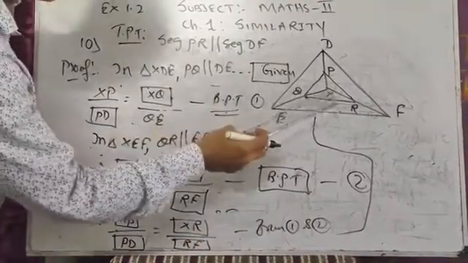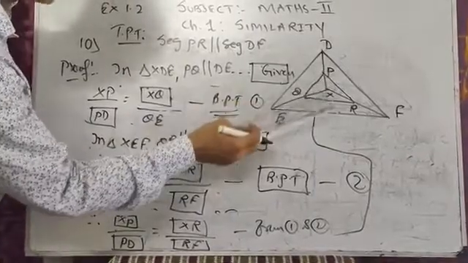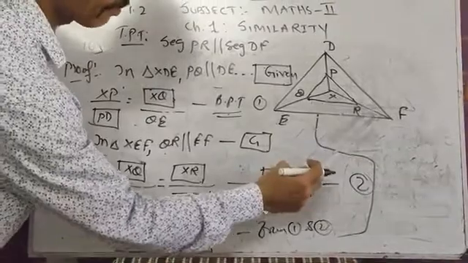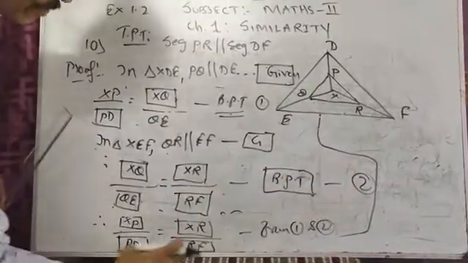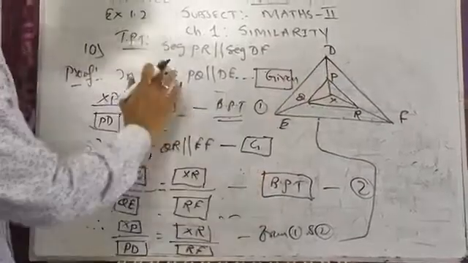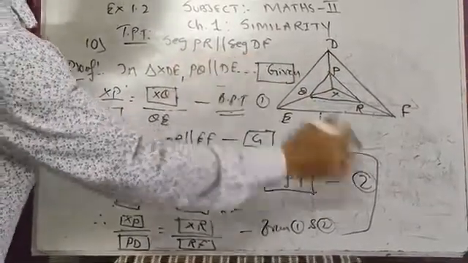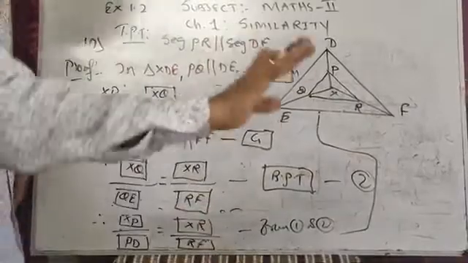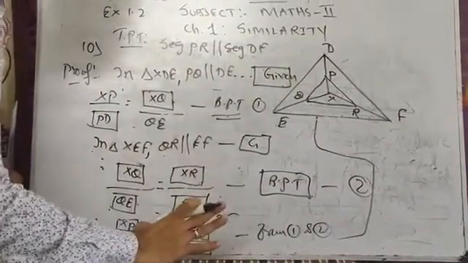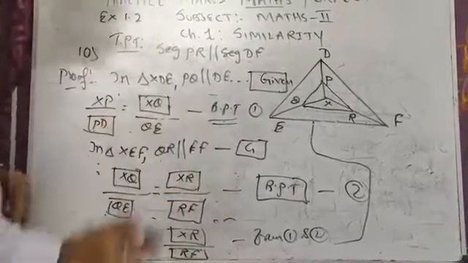See, it is here. And XR upon RF, you can see it here. So these two ratios are equal. That means you will get seg PR is parallel to seg DF by converse of BPT. So this sum is over. Very easy sum it is. Just you have to fill the boxes.